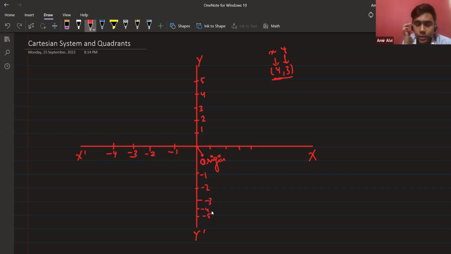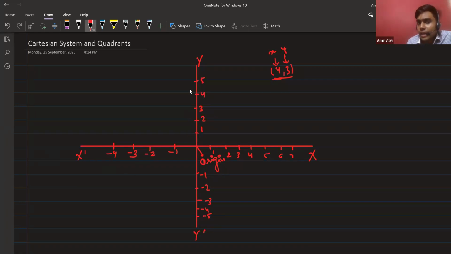Is this clear, Simran, which I'm telling you right now? Yes. Any doubt? No. Okay. So basically, this 4,3 is saying that a person has taken 4 steps from the origin in the positive x-axis. This is the positive x-axis line. This is the negative x-axis line.